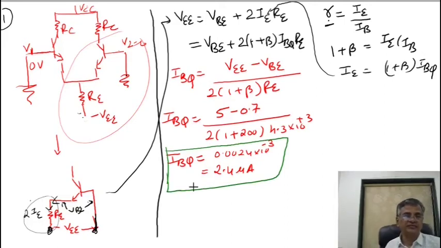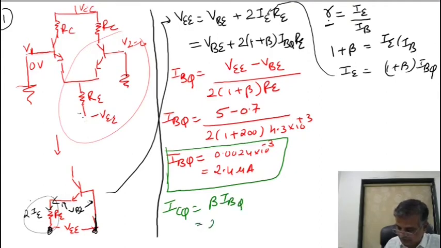What is the second question? ICQ. So what is ICQ? The gain multiplied by the base current. You know this. So this is 200 into 2.4 into 10 raised to minus 6. 2.4 multiplied by 2 is 0.48 into 10 raised to minus 3, so 0.48 milliampere.